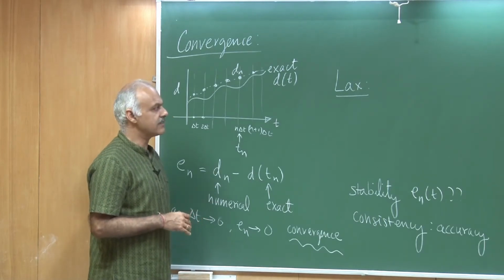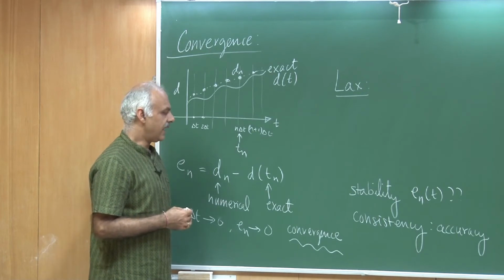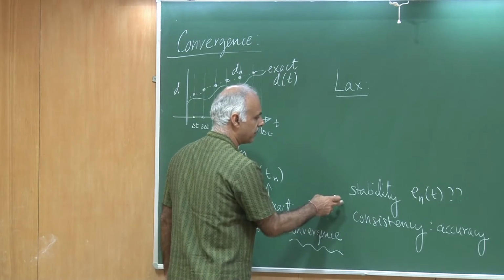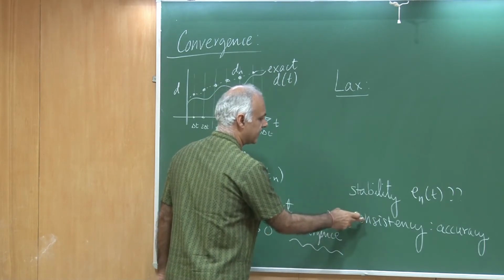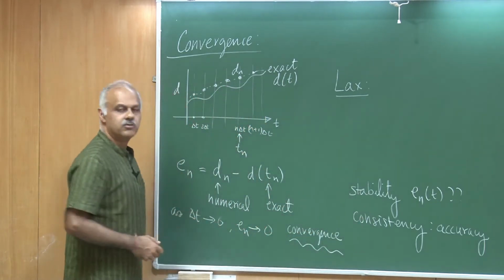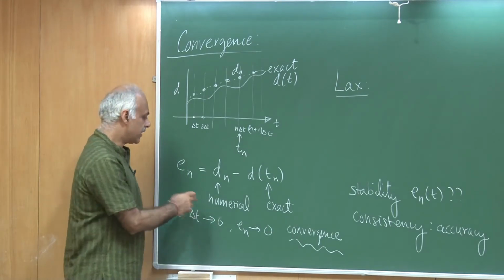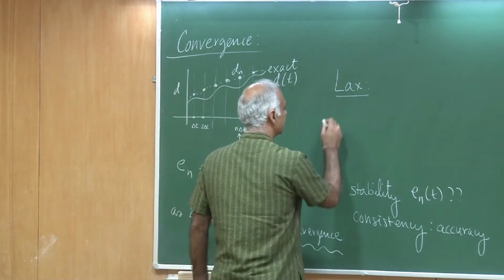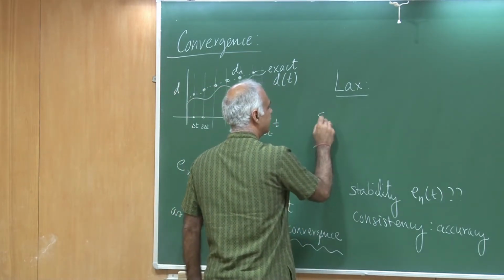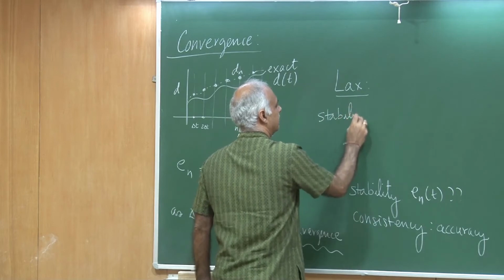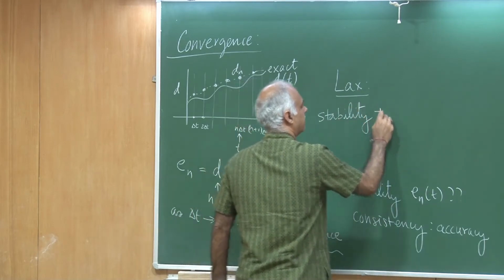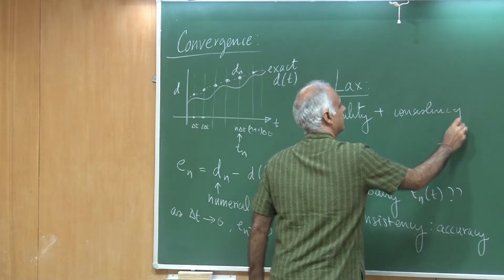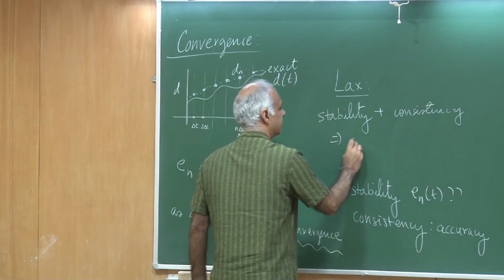We are going to look at some very simple algorithms, and for those it is sufficient that at least in linear problems a stable and a consistent algorithm would ensure convergence. I will just write it down for you: stability plus consistency implies convergence.